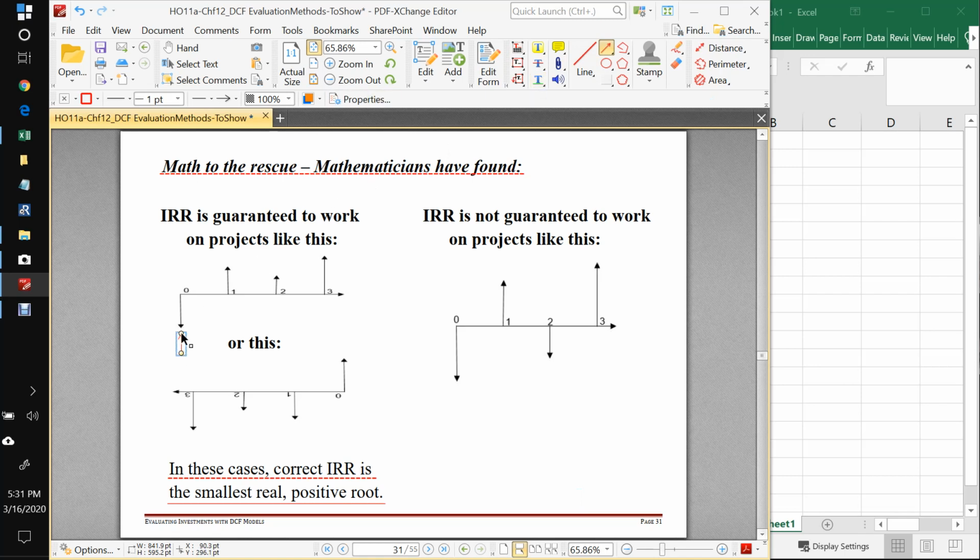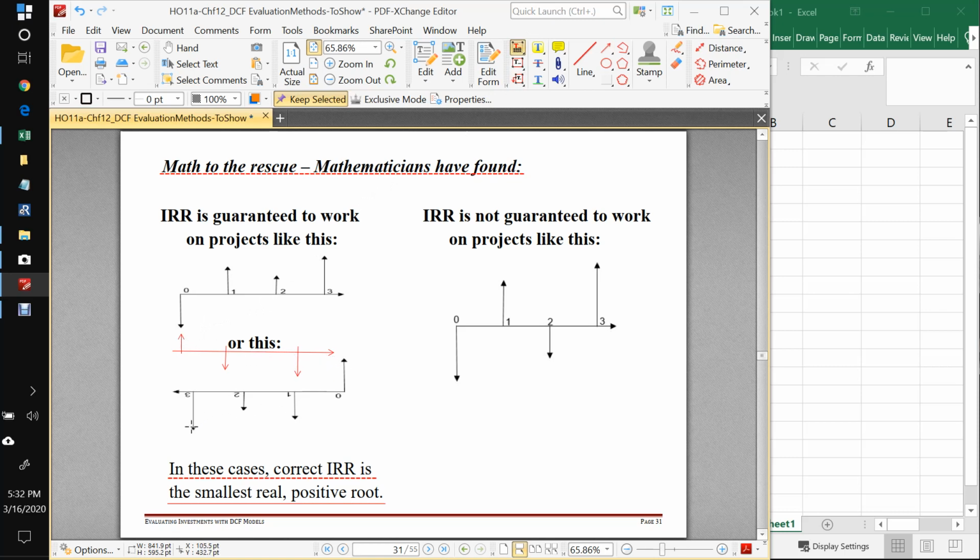Which would be this one, and then this is going to be okay too. This is okay too. We have here one positive and all the rest are negative.